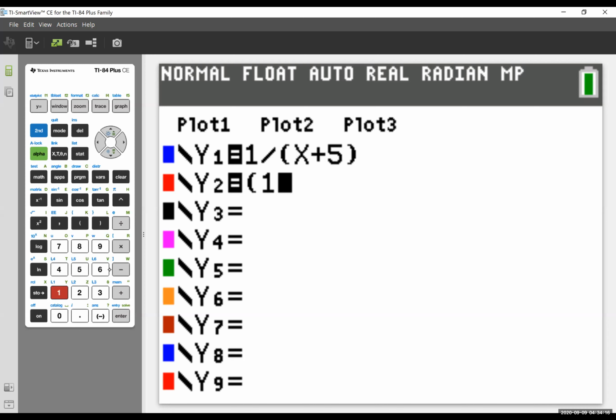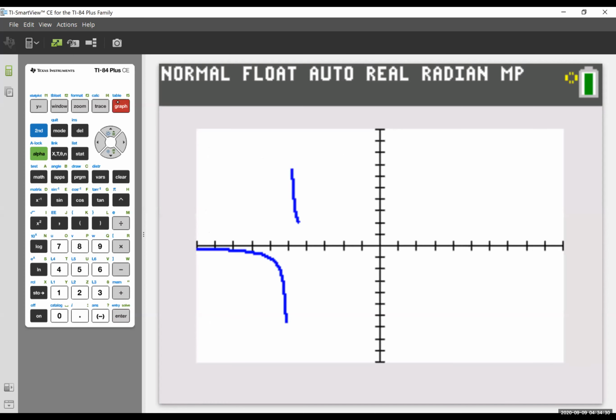So I'll enclose our numerator in parentheses, division sign, and just an x. Press enter, and let's graph them. So you'll see y1 gets graphed first, then y2 gets graphed second.